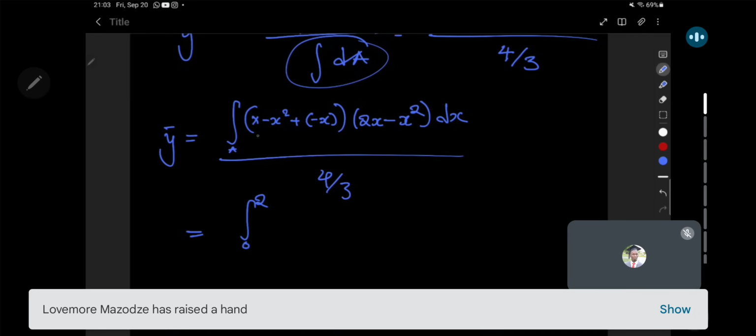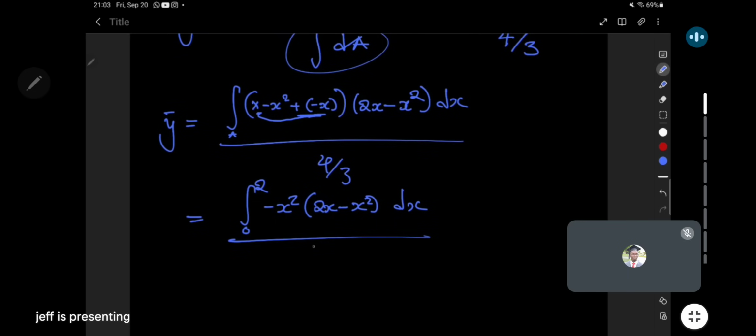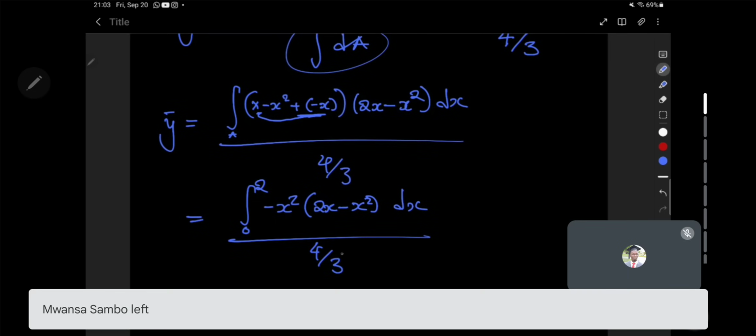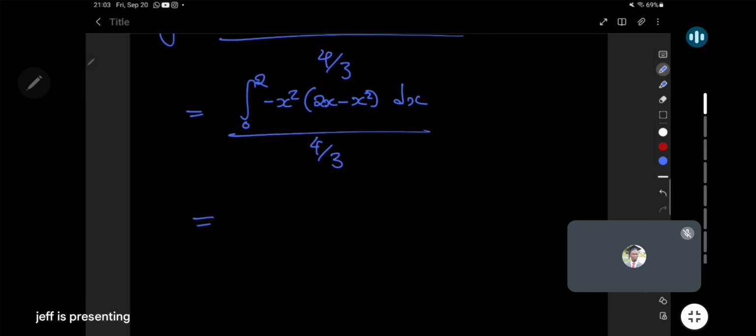When I simplify this, I will have x minus x. That will be 0. So this will remain as just minus x squared here, multiplying 2x minus x squared dx. And then this is over 4 by 3. We continue simplifying. The minus x squared multiplies in.